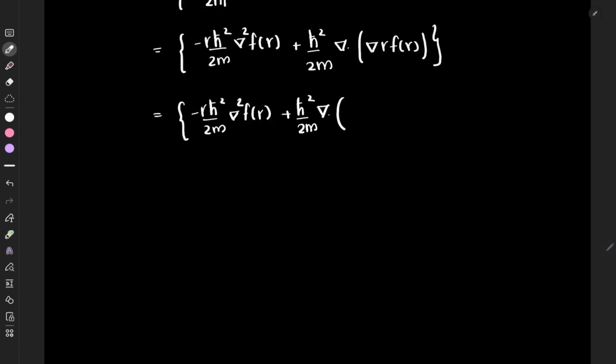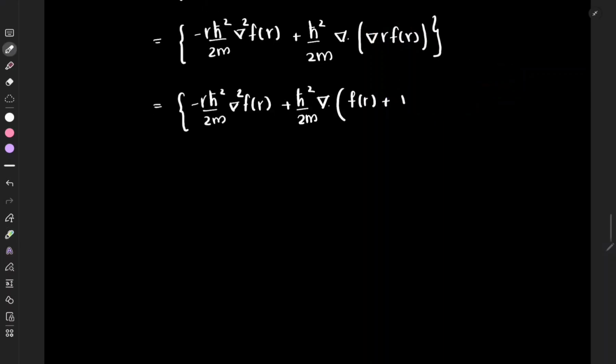This will become del dot r, which is nothing but 1, because dou by dou r of r is 1. So del here is dou by dou r, so it's just 1 into f of r, plus now this thing into del of f of r dot r. So we'll write it as r del f of r. Same thing, there's no simplification, so you have to write it like that.